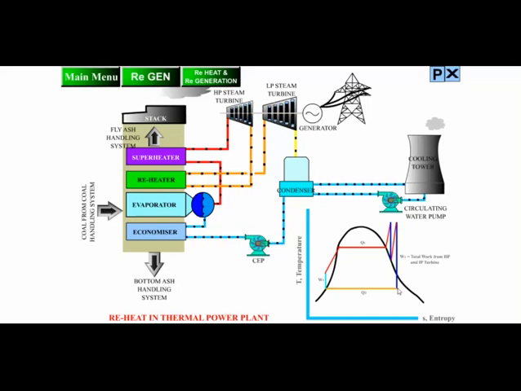Then after expansion, the exhaust steam goes to a condenser, where the steam is converted into liquid.